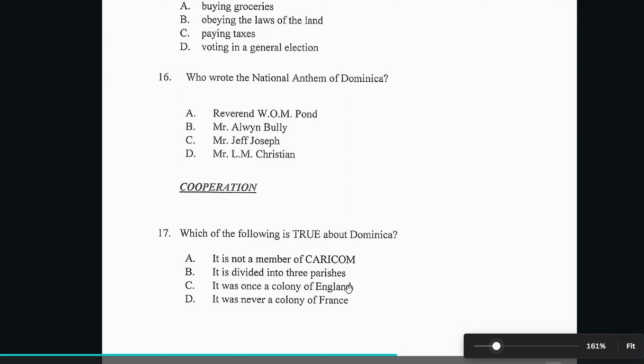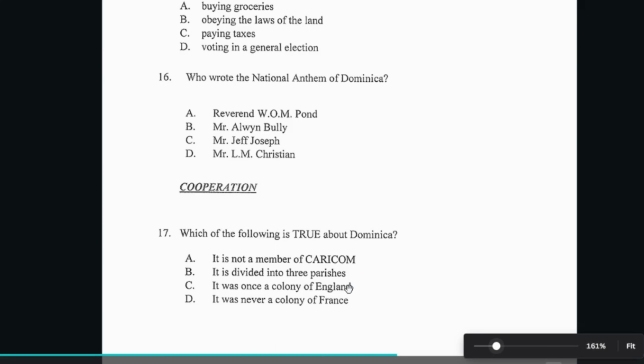So remember, the question asks which branch of Dominica's government is responsible for enforcing. That is the important word here, enforcing. So legislative is for passing the laws, but judiciary is for actually enforcing the laws, like sending people to jail. So the answer for 21 would be A.